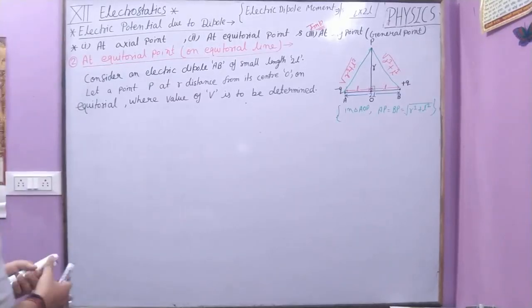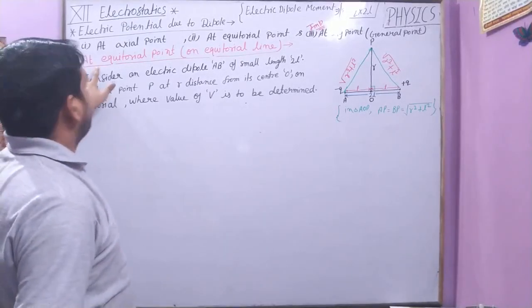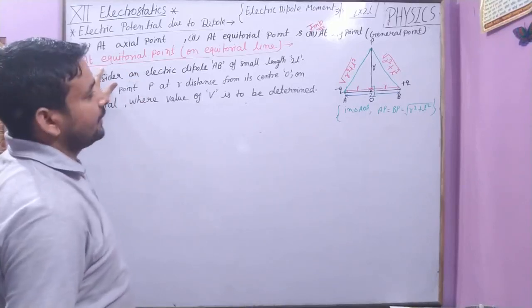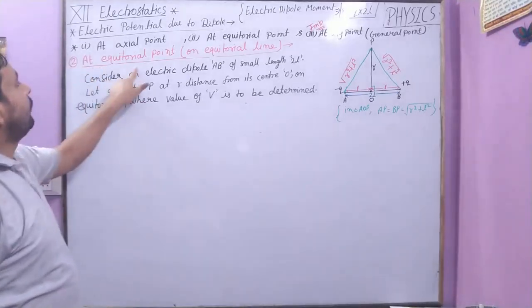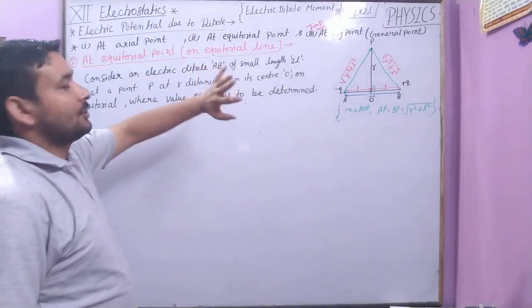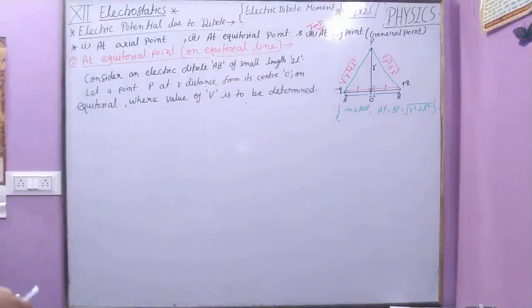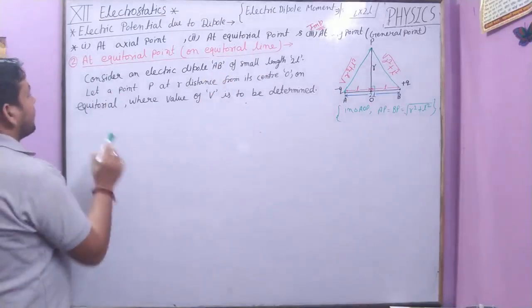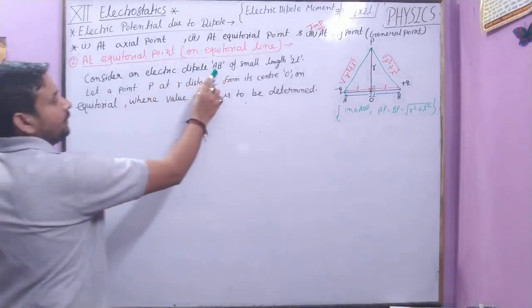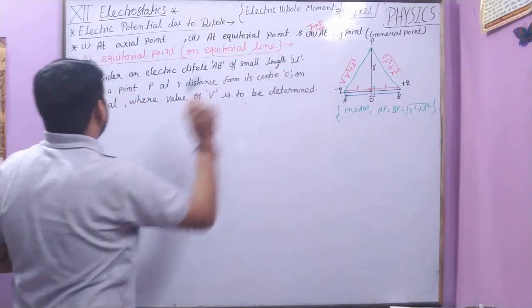Okay students, next is electric potential due to a dipole at an equatorial point, which you get on the equatorial line. Now consider an electric dipole AB of small length 2L.